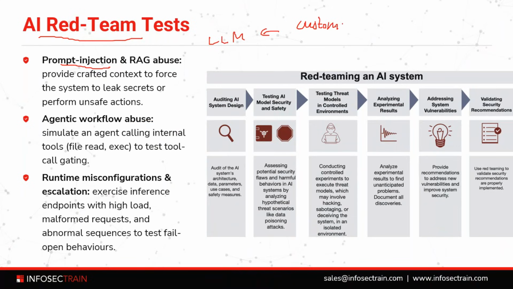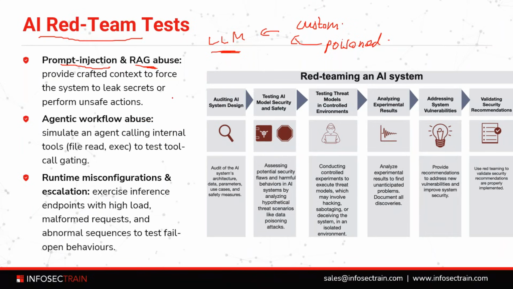To add this custom data, you have this RAG pipeline. Okay, so this pipeline can be poisoned. Data poisoning can happen here and can poison your language models. Okay, so this is your red teaming activity where you're doing the prompt injection, data poisoning, and seeing whether you're able to compromise them or not.